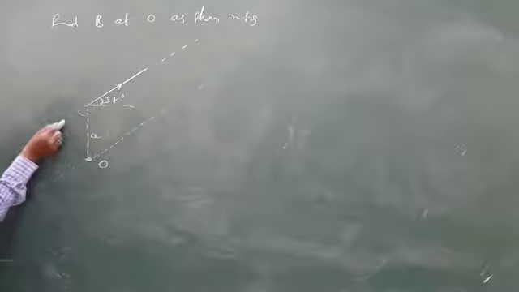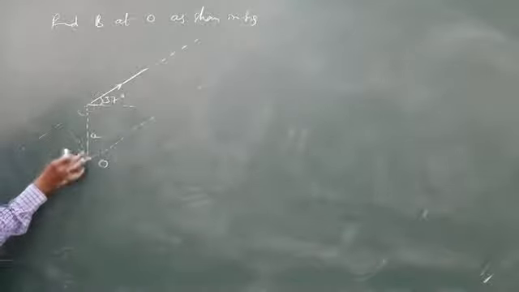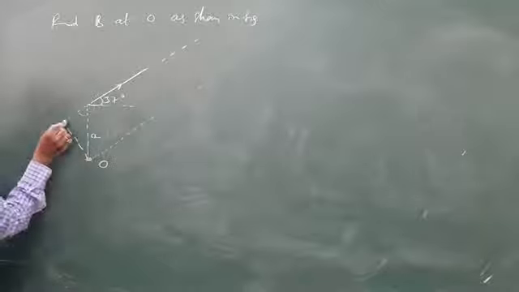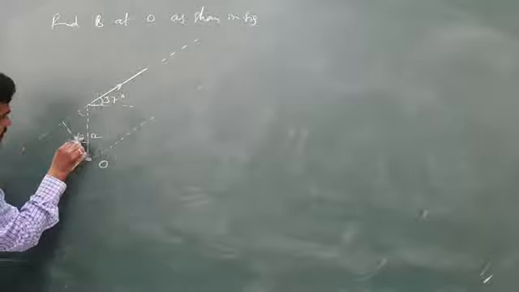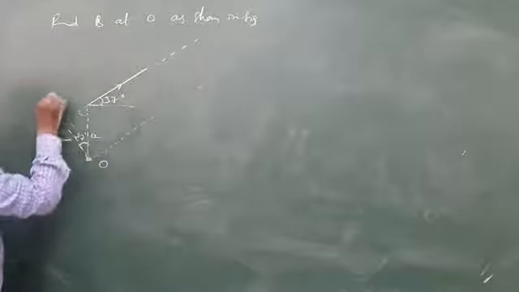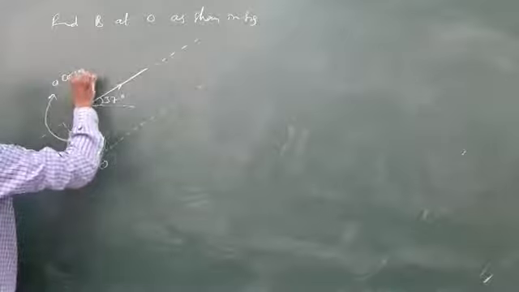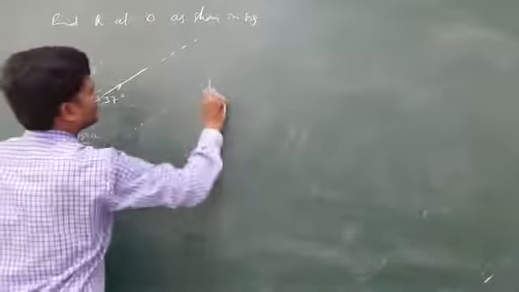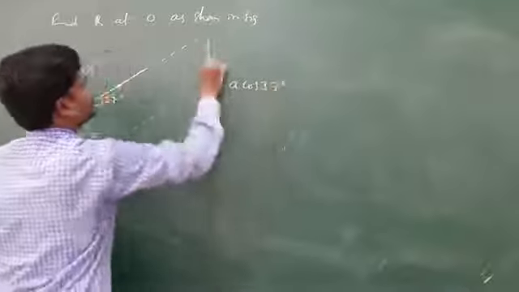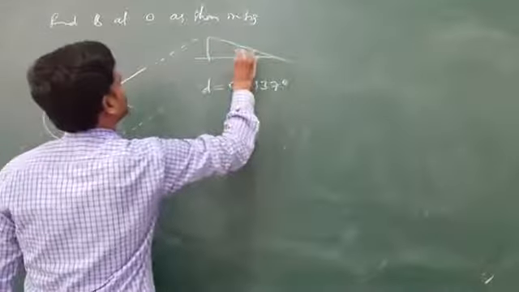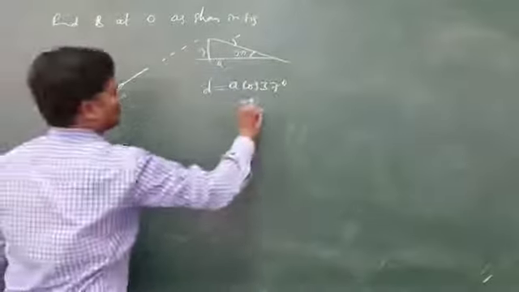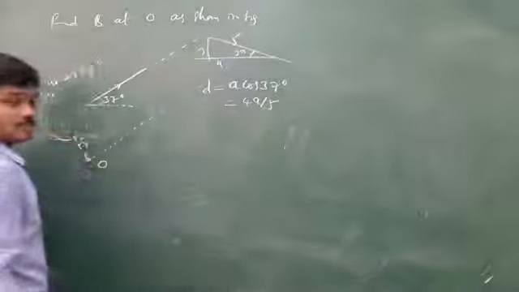If you drop a normal, this is 90 and this must again be 37. Use the geometry correctly. This is A cos 37. So what is d? d is A cos 37. Cos 37, you know, 3, 4, 5, is 4 by 5. So d is 4A by 5.